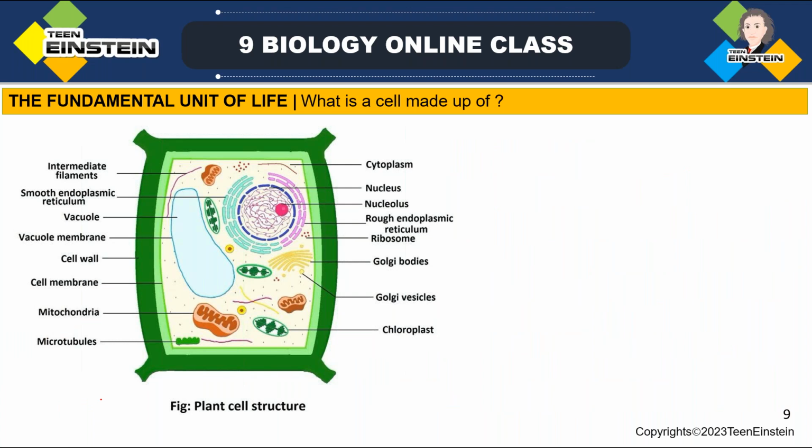Here, in and out of the cell, some substances like carbon dioxide, some gases, gaseous material will move, liquid material will move, some solid substances will move. So these are not all materials. Only selected materials will get allowed to go inside and outside the cell.